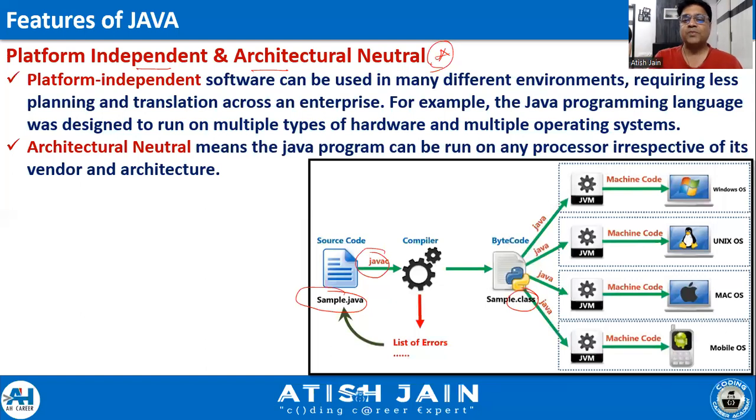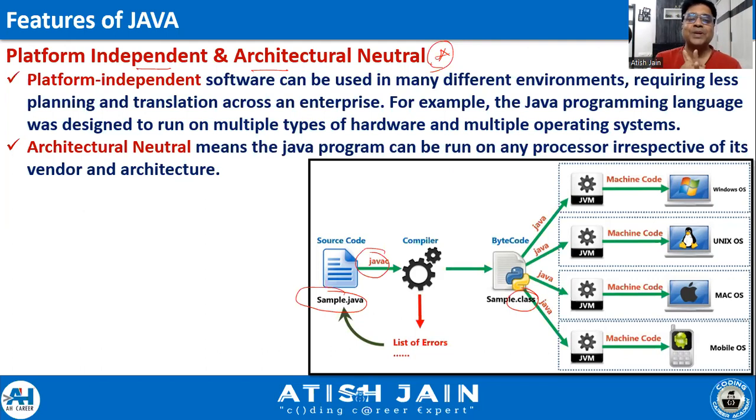So on the first day of my WhatsApp community, I asked one question. Is JVM platform dependent or independent? Most of the students chose JVM is platform independent. Why? Because they have learned somewhere in their college or in any institution or in a Java course that Java is a platform independent programming language. Yes, no doubt in that.